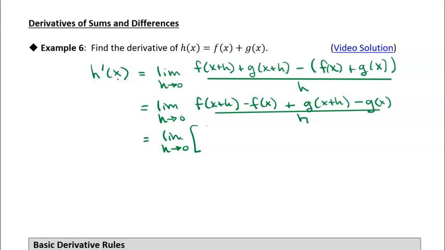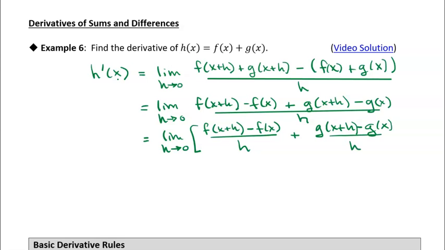I'm going to do f of x plus h minus f of x all over h, and then plus g of x plus h minus g of x all over h, right? I just broke it into the two terms with the f function and the g function, and then divided each by h, okay? So now you can kind of see where we're going here.